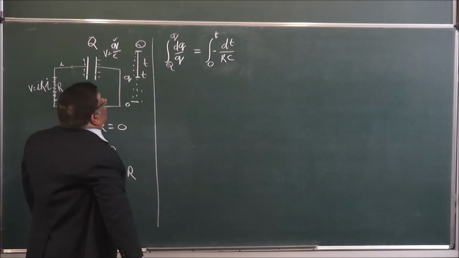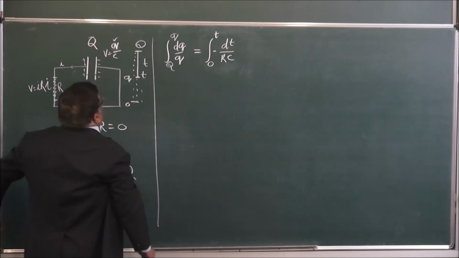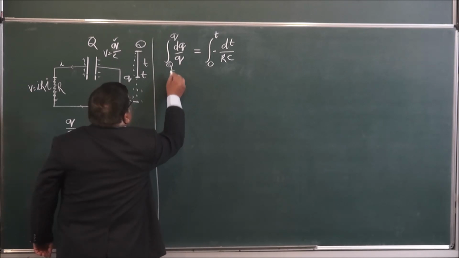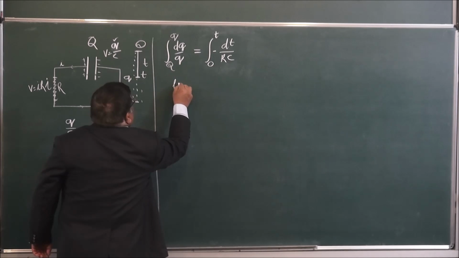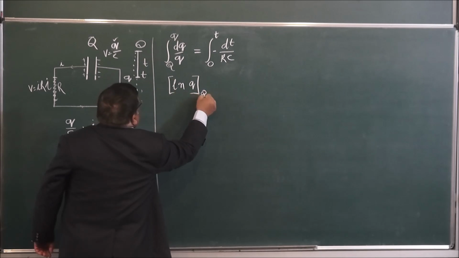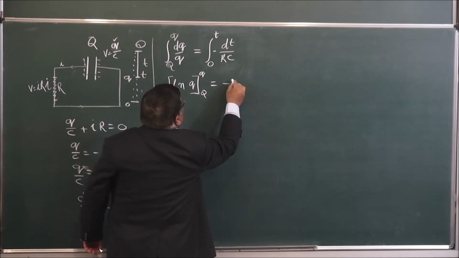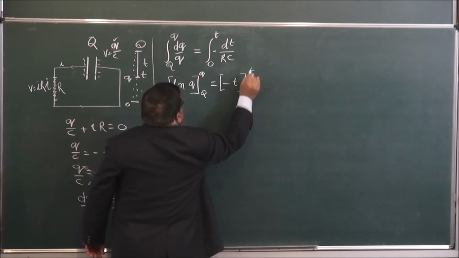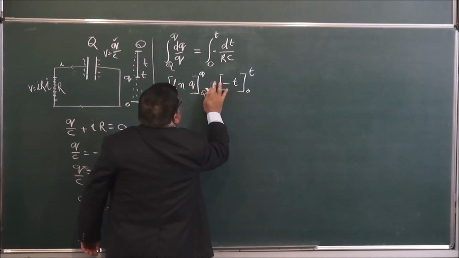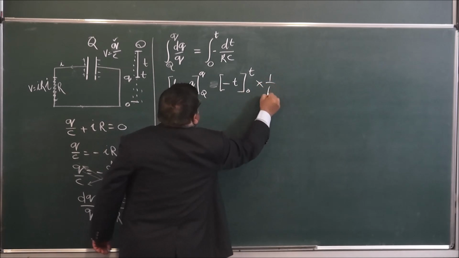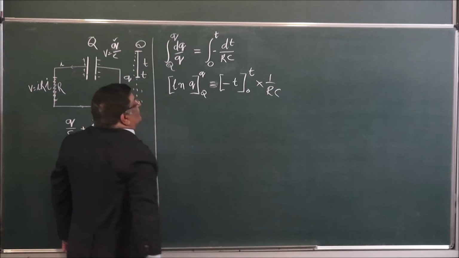Okay, now we integrate both sides. So this will be log natural Q is equal to minus t, 0 to t, and this is 1 upon RC. I will write it here. Okay.